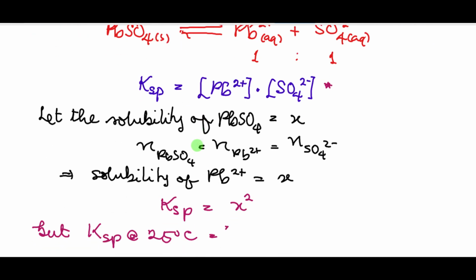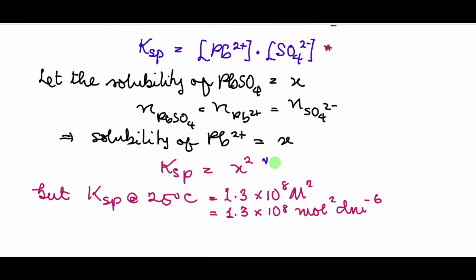That's 1.3 times 10 raised to the power 8 molar squared, which is the same thing as 1.3 times 10 raised to the power 8 mole squared per dm raised to the power 6. So from this expression, we can see that X will be equal to what? The square root of the Ksp of the salt.